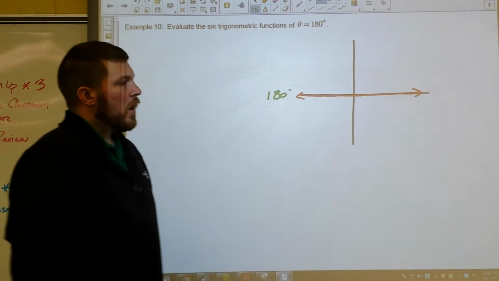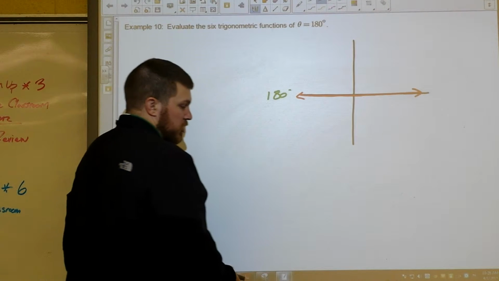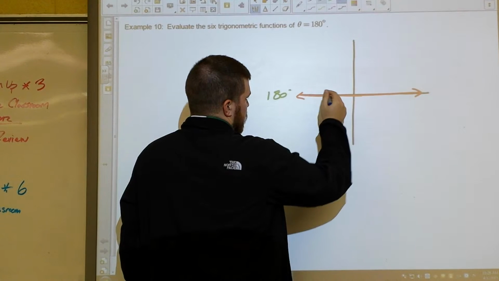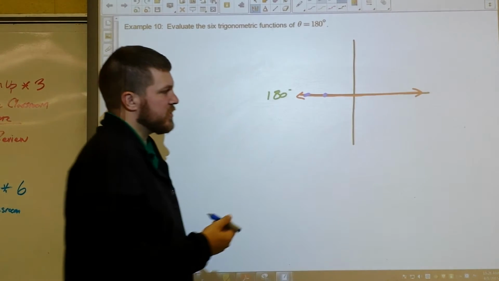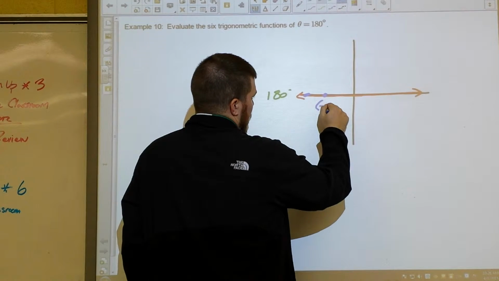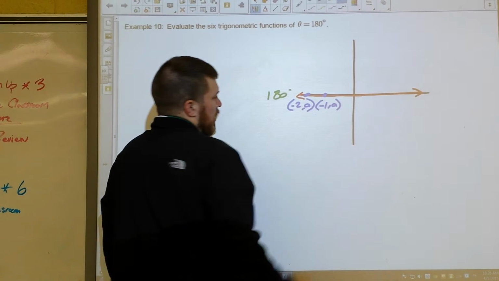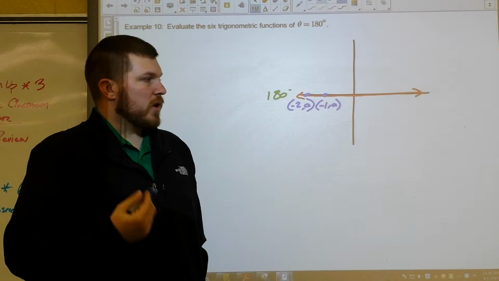Now, I'm not told a point, so I'm just going to pick a point. The ratios shouldn't necessarily be the same regardless of the point, because the radius is going to be different. For instance, if I picked (-1, 0) versus (-2, 0), the ratios are going to be similar, but they're going to be multiples of whatever the radius is.